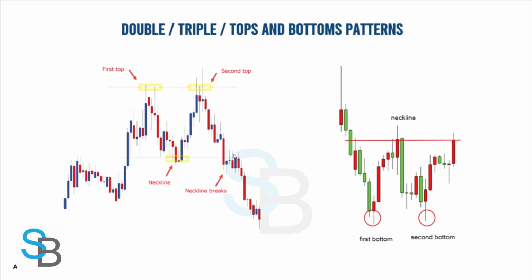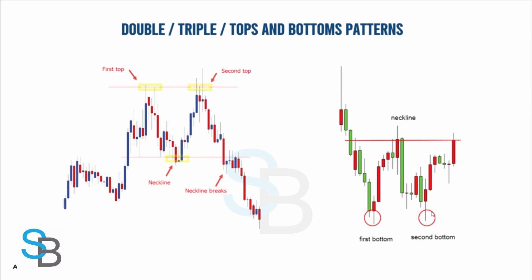We enter a sell trade here and then take this profit. Remember that the principle says it's going to come lower to a point approximately the distance from here to here. As you can see, the market came down to this point and we were in profit. So that's an example of how the double top would play out in a live scenario.